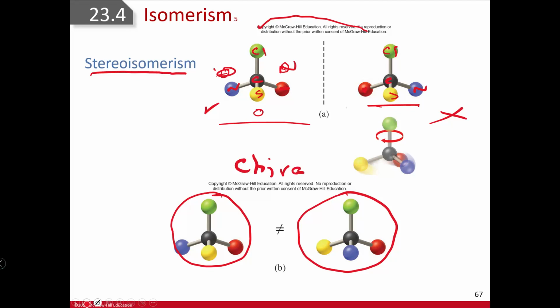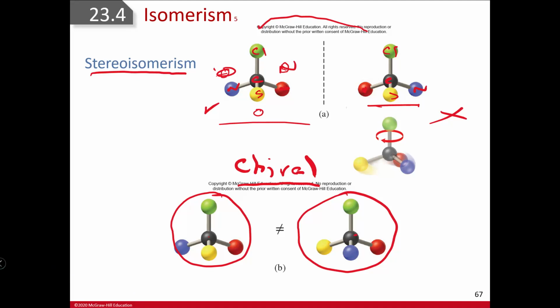All right, chiral. So if you see a carbon with 4 different things coming off of it, and they're mirror images, we would say those are chiral. These are the chiral centers of the atom, and from that center, you can see that they are mirror images of one another, but they're not superimposable.